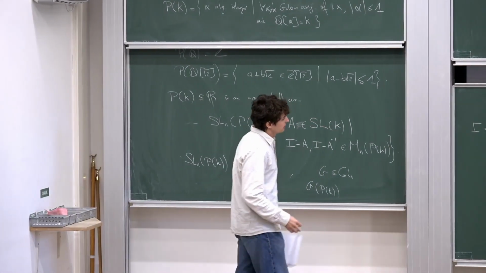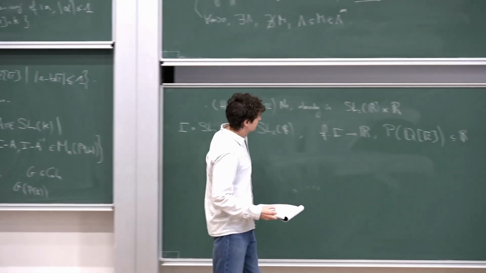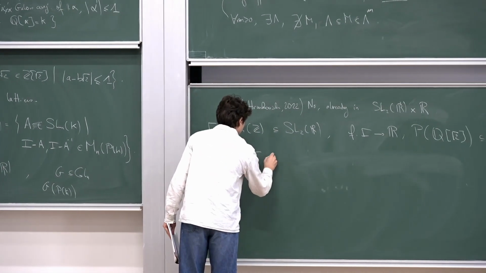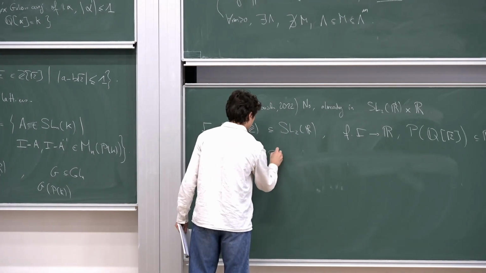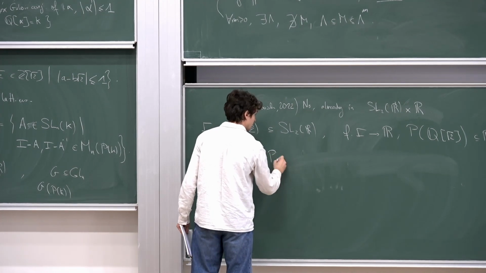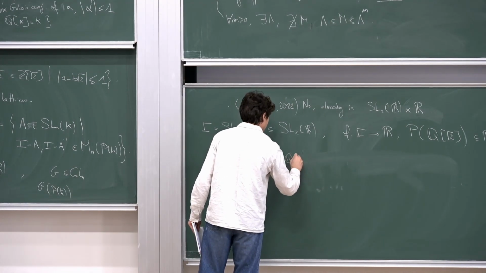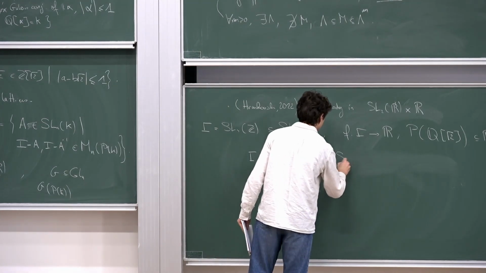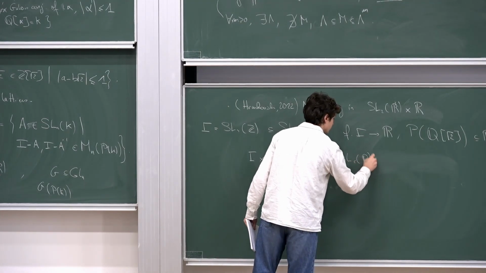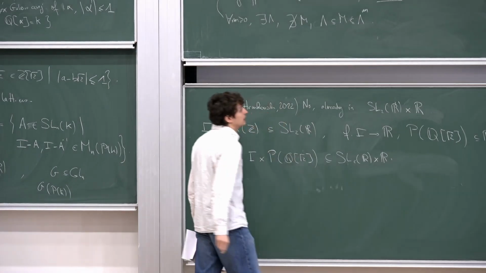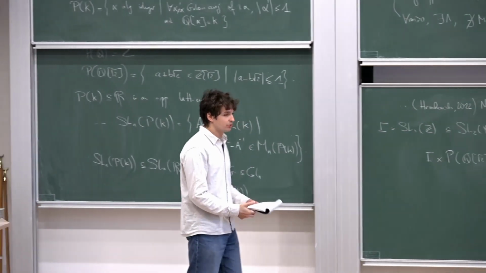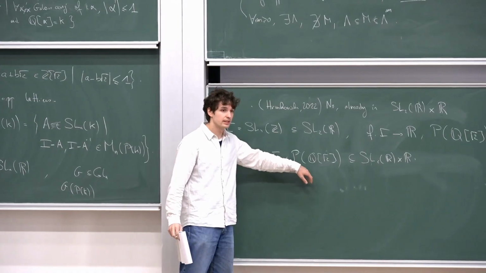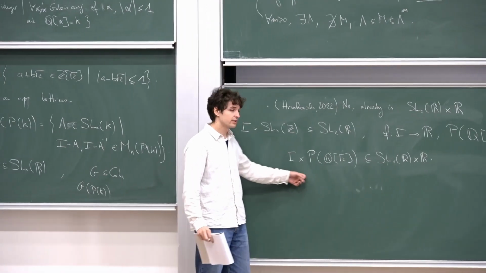And now, if I'm just given this lattice and this approximate lattice, a good construction is that. Okay, this is a new approximate lattice inside SL2R times R. But it doesn't really bring anything new, and you can see that because gamma is a lattice and because this is a model set, this whole thing is a model set.